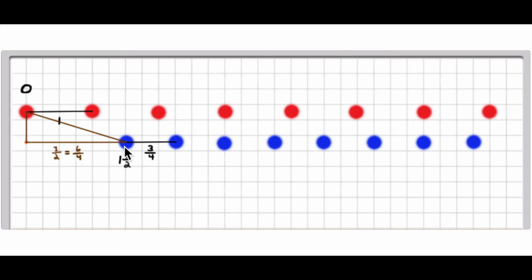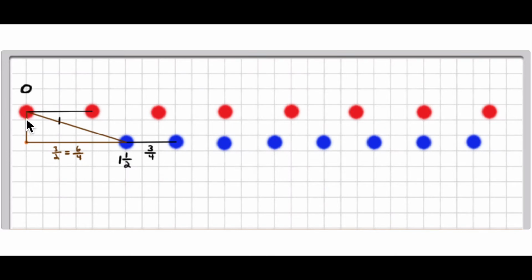So they start out, the blue path is 6/4 miles ahead, and after 1 minute, how much closer is this red dot to this blue dot? And then after another minute, how much closer is this red dot to this blue dot? Another minute, and so on until they finally meet out here.